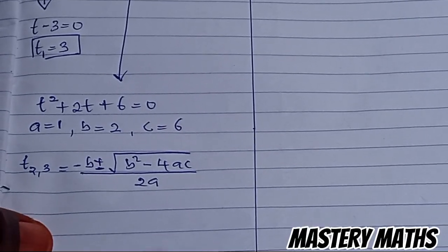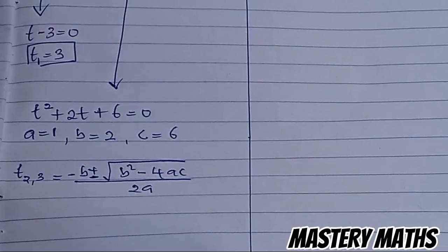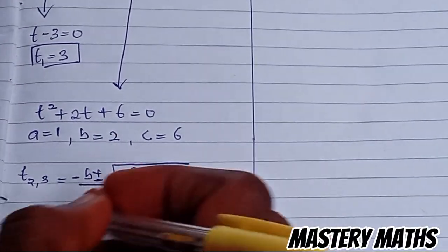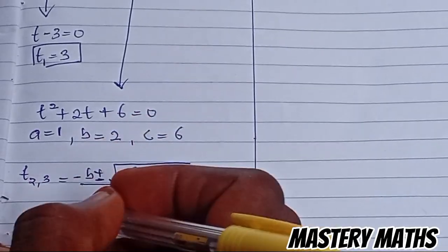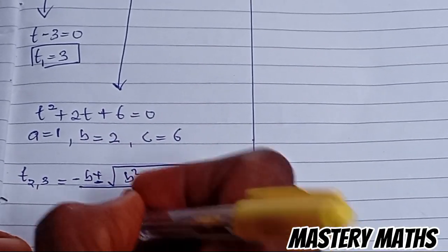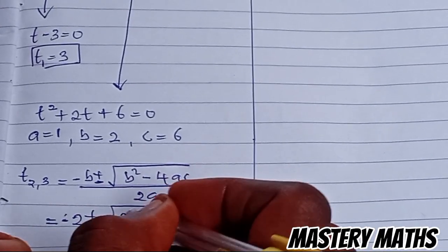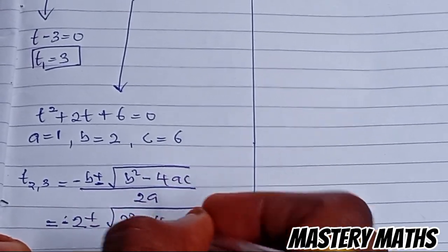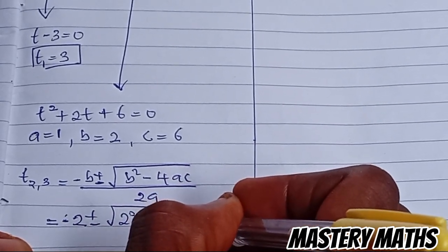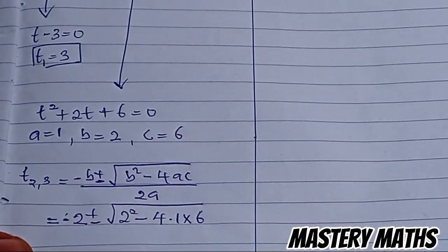So what should you do? We want to replace them. It says that anywhere you see your b, you replace it with the value of b given. Now, what is the value of b? The b here is 2, so minus 2 plus or minus the root of b squared, which is 2 squared, minus 4 times a, which is 1, times what you have here, c, which is 6.